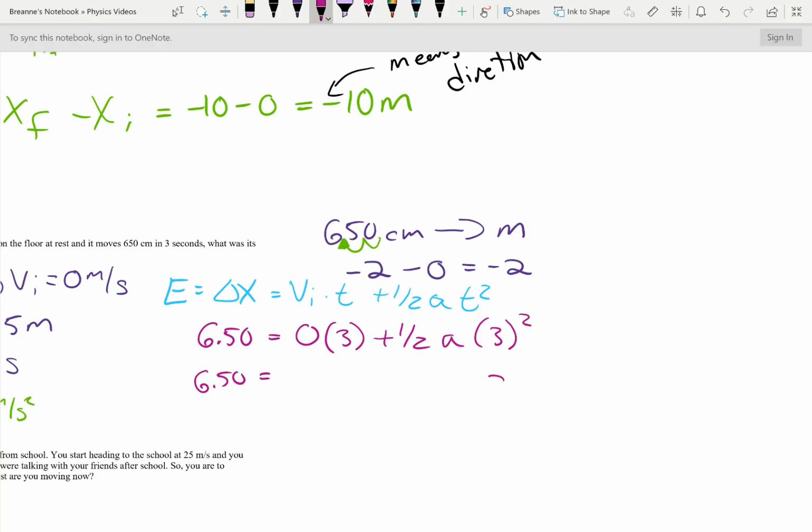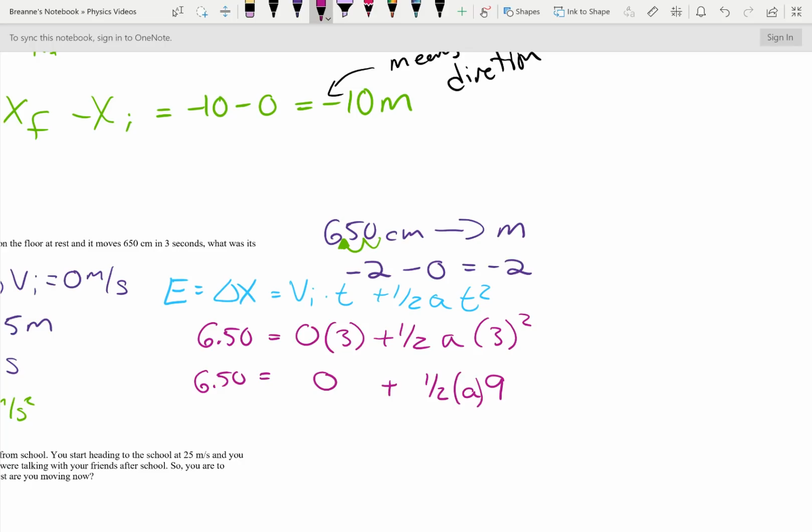So 3 squared is 9. 0 times 3 just gives you 0, because 0 times anything, even if it's a variable, still is 0. Then we can go ahead multiplying.